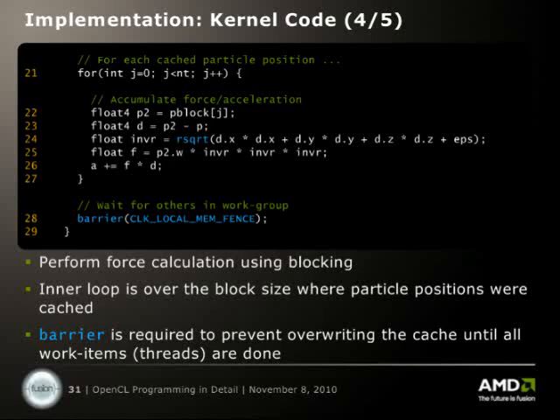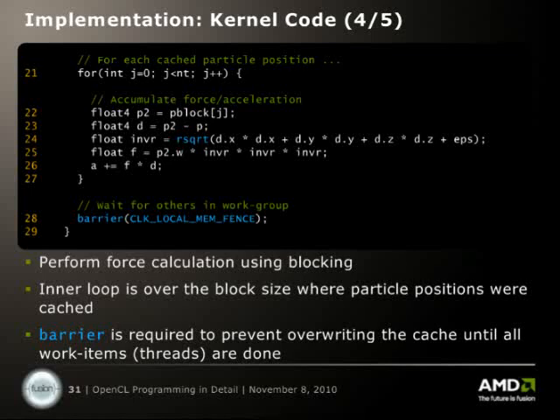For example, in line 22, we're reading in the particle position, but we're reading it in as a float4. Remember, this is a 4-vector. That allows us in line 23, instead of performing component-wise differences, to get the difference in the X, the Y, and the Z direction all at once by using essentially a SIMD or SSE-like operation.